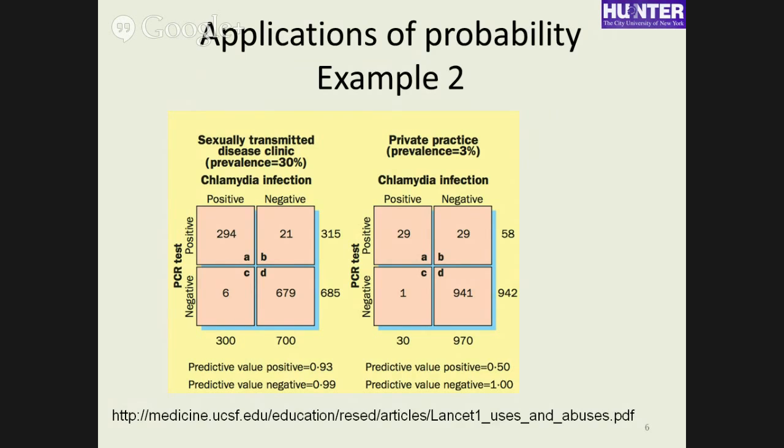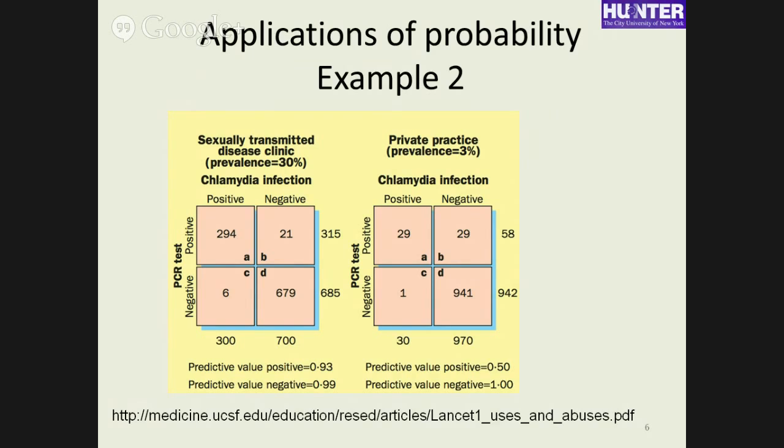Positive predictive value is something that you're probably most interested in as a patient. That is, if the test tells you that you have the infection or the disease, what is the probability that you actually have it?